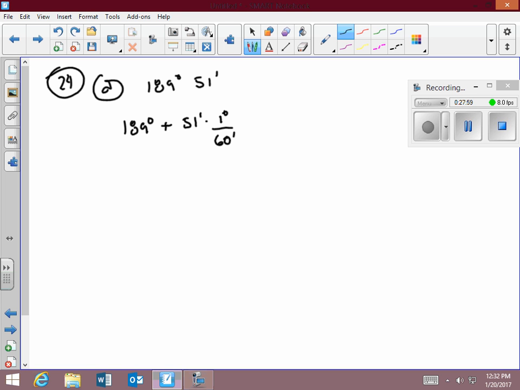If you wrote minutes out here as a unit and minutes out here, then the minutes would go away and you'd have degrees left. That's the way I like to do things that have units. Then you know whether to use 60 over 1 or 1 over 60, since you want degrees left in the numerator. Do you see what I'm saying?